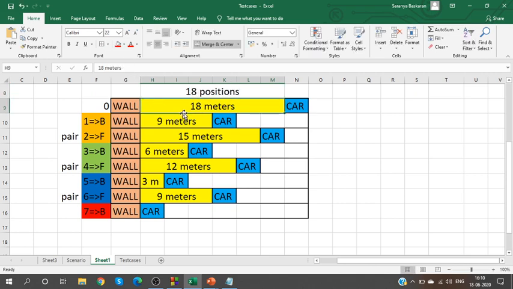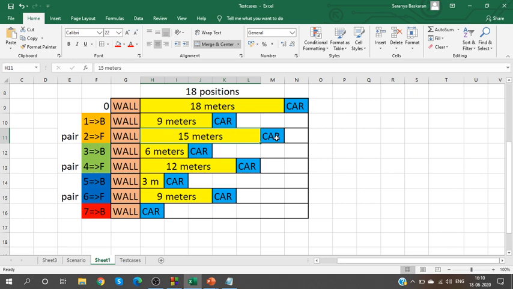This is 18 positions away, 9 positions away, 15 positions away. Imagine that position means with respect to the wall. Here it is the 18th position, here the 9th position, here the 15th position. Imagine it like that, only then you'll be able to understand this concept.